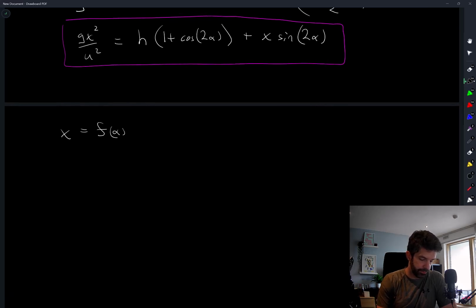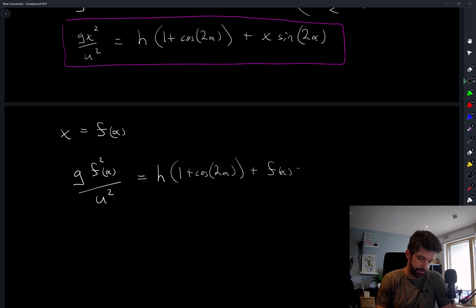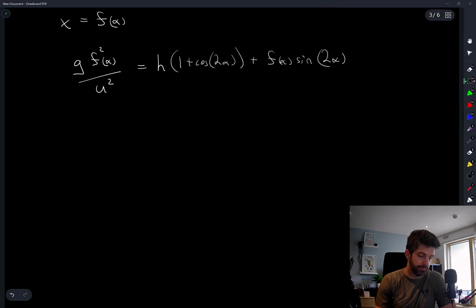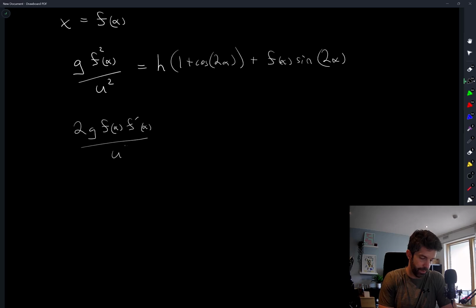So let me rewrite this expression first as g f of alpha squared divided by u squared is equal to h plus h times 1 plus cosine 2 alpha plus f of alpha sine 2 alpha. And all I'm going to do is take a derivative with respect to alpha. So on the left, I get 2g f of alpha f prime of alpha divided by u squared.